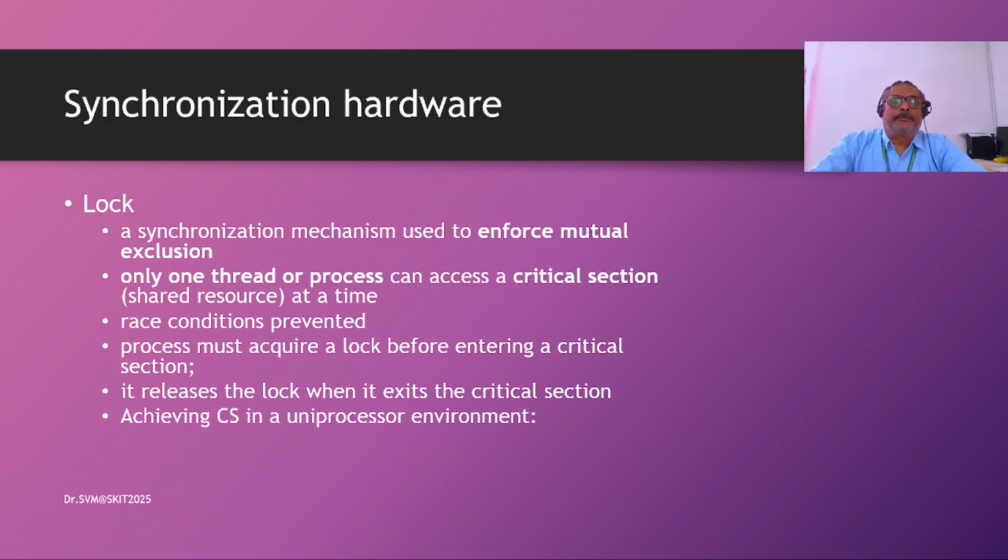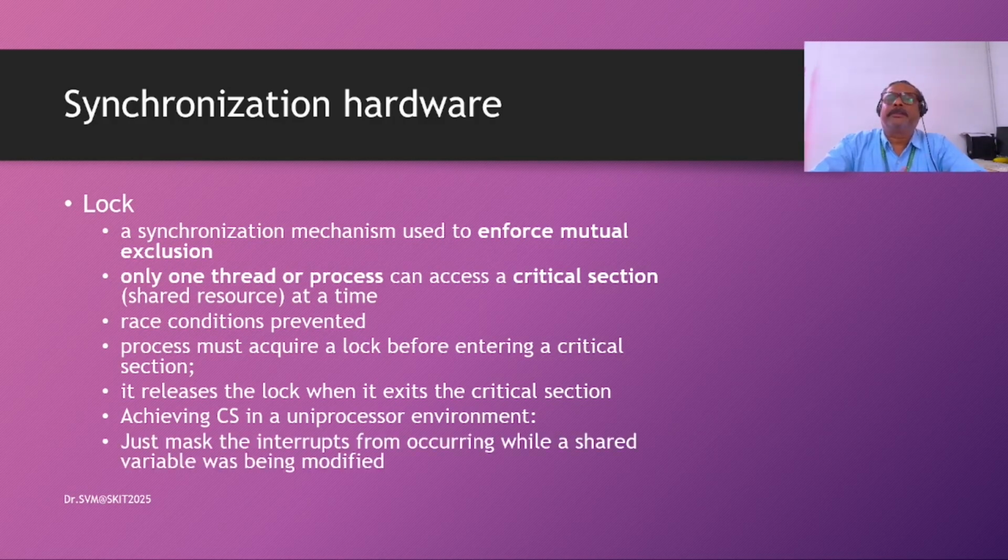critical section. So in a uniprocessor environment, as we discussed earlier, we just mask the interrupts from occurring while a shared variable is being modified. When a shared variable is being used, we ensure that all the interrupts are masked, and that is possible when we are working with a uniprocessor system: single processor, multiple processes.